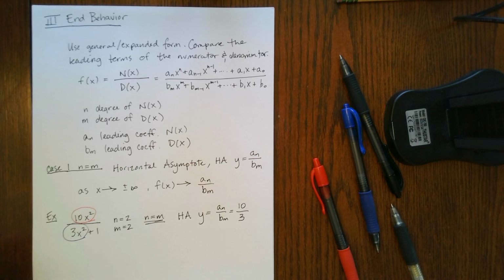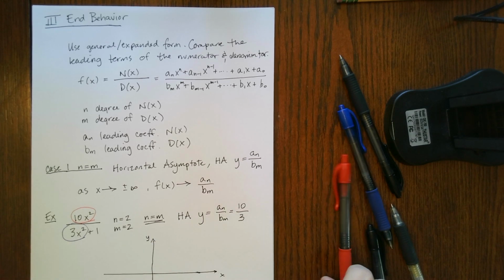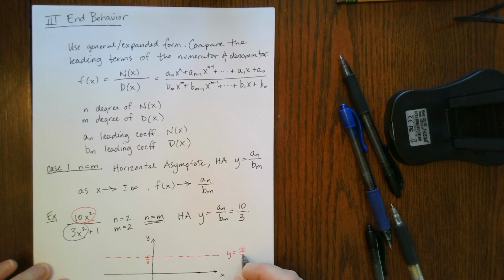So what does that look like in terms of the graph? Okay, it's x and y. So we want to draw a horizontal asymptote at the value y equals 10/3, and we can draw that one as a dashed line in red and then label it y equals 10/3.